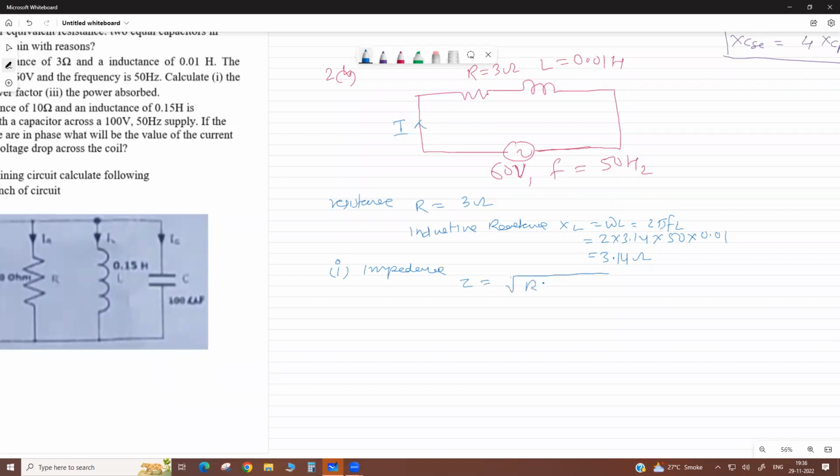Directly we calculate the magnitude, root of R square plus XL square.